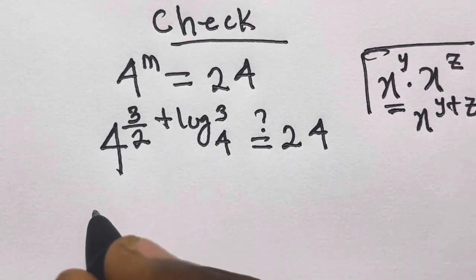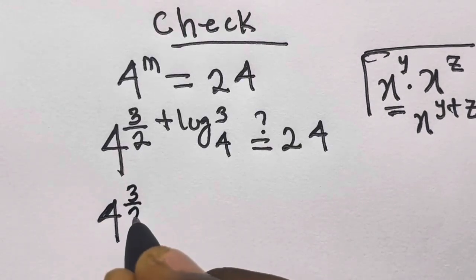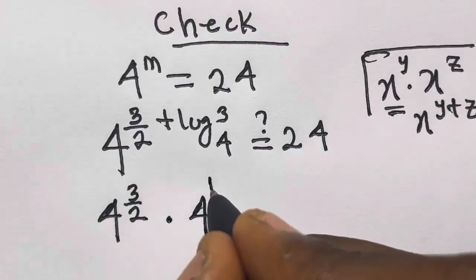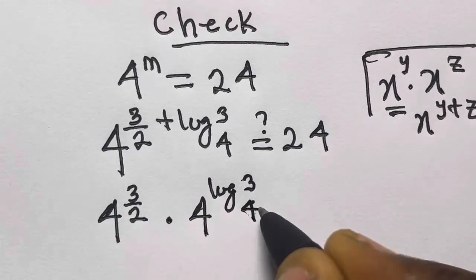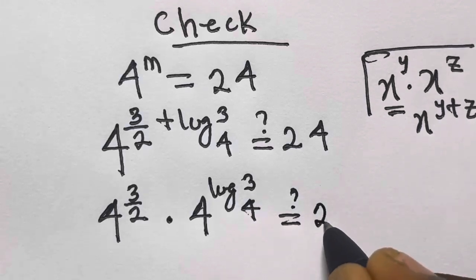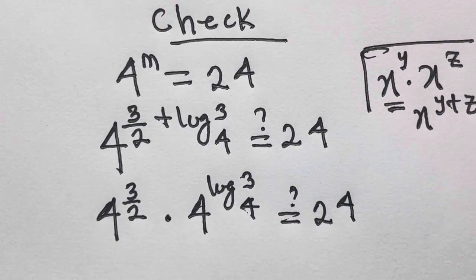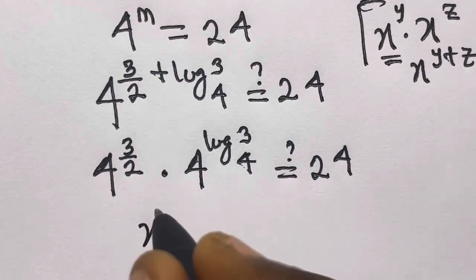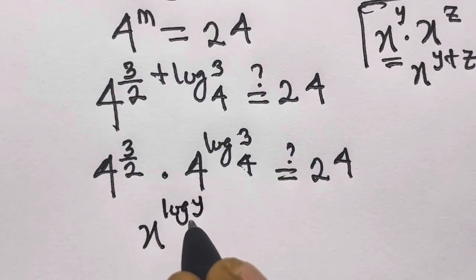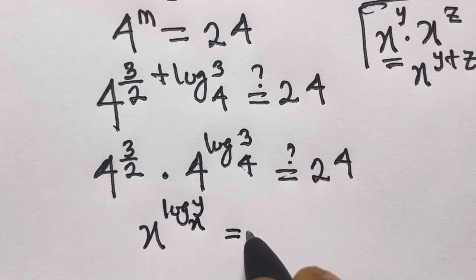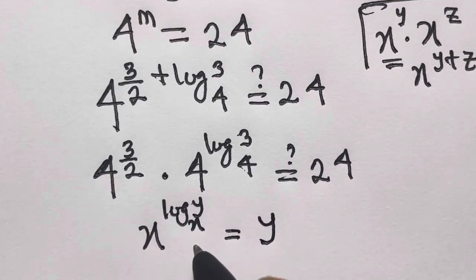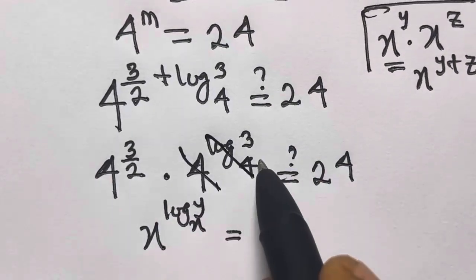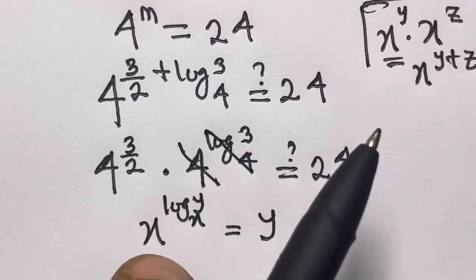So we have 4 raised to power 3 divided by 2 times 4 raised to power log 3 in base 4. I want to check if this is equals 24. But let's remember that wherever we have x raised to power log y in base x, this is equals y, right? So this will cancel out this, and we'll be left with 3.